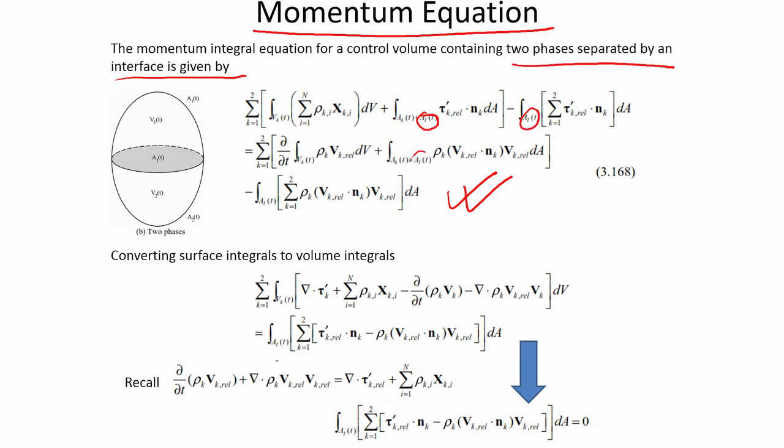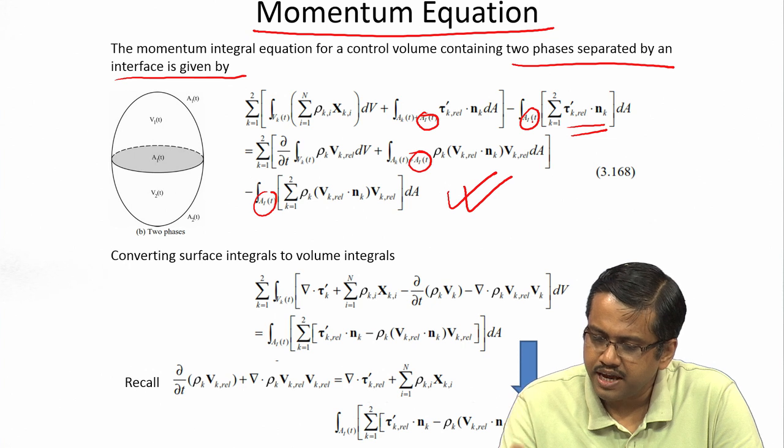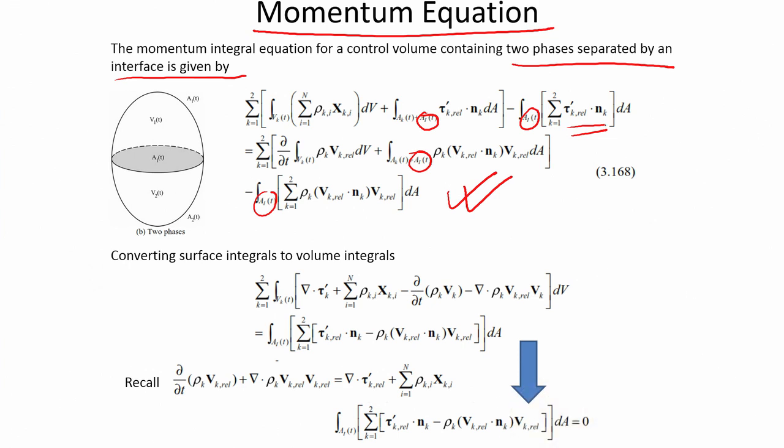It is essentially the same thing that we did in our continuity equation. We have added the stress at the interface and subtracted the same out. Similarly, for the convective flux term, we have added the momentum flux at the interface and taken the same out. These are the only two things that we have done.